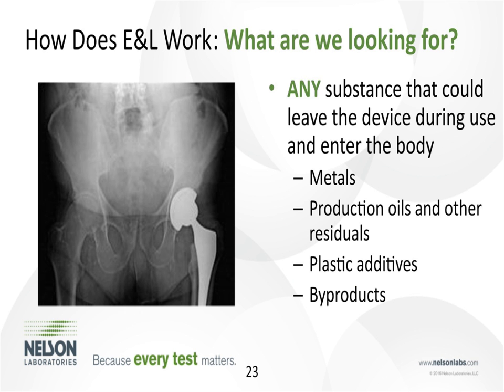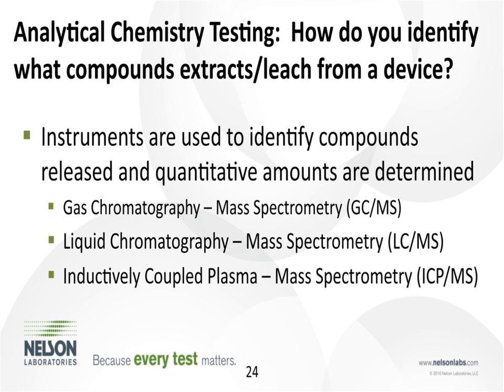So what exactly are we looking for? Well, we're really casting a wide net, and we're looking for anything that could leave the device and enter the body. I've listed some things there, and we'll go into a little bit greater detail in a few slides. So how do we go about detecting and actually measuring these compounds in order to evaluate them in a toxicological risk assessment?